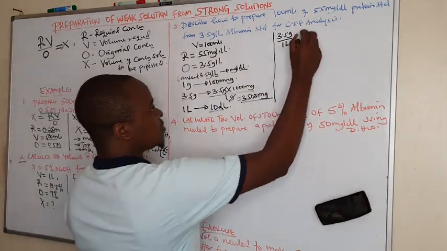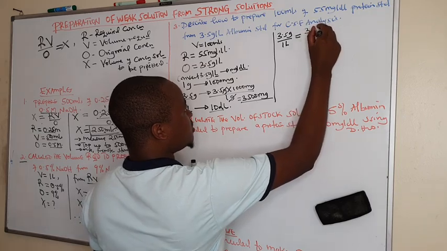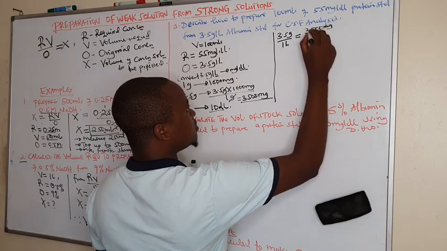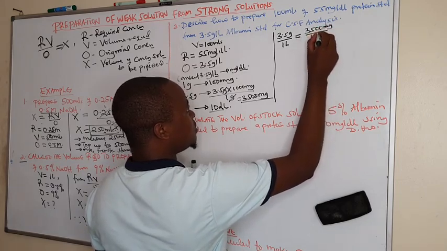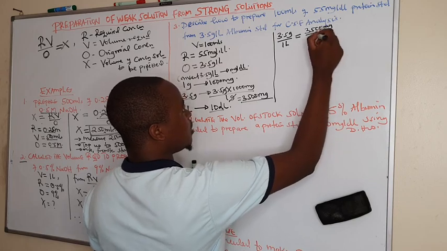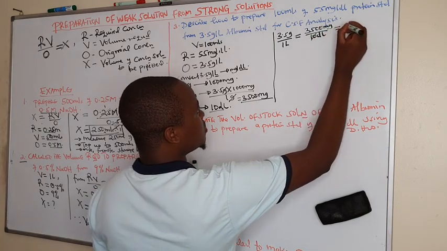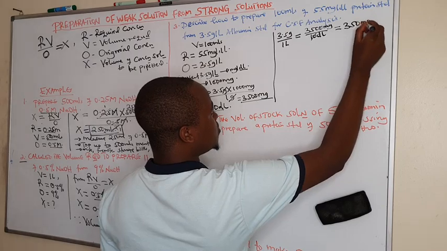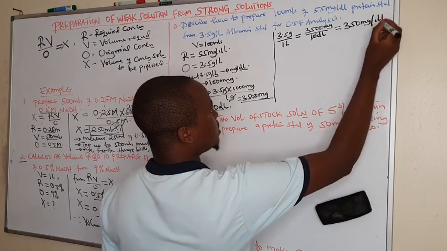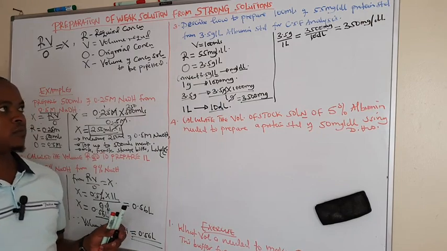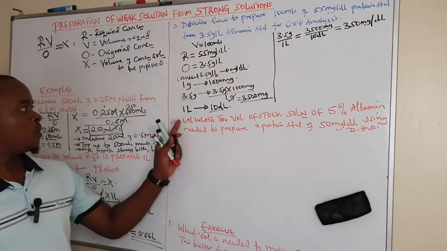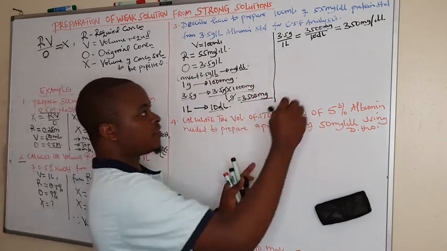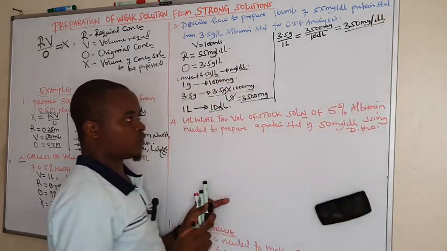So 3,500 milligrams divided by 10 deciliters, and 10 goes with 10, we remain with 350 milligrams per deciliter. That is, 3.5 grams per liter is the same as 350 milligrams per deciliter.